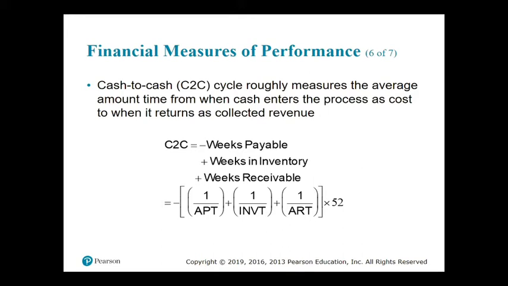One is the amount of time that the cost spends in inventory, and then the amount of time the cash is waiting in account receivable to be collected. And then there is a negative part, so the amount of cash you're able to recover from account payable is going to reduce this cash to cash cycle.